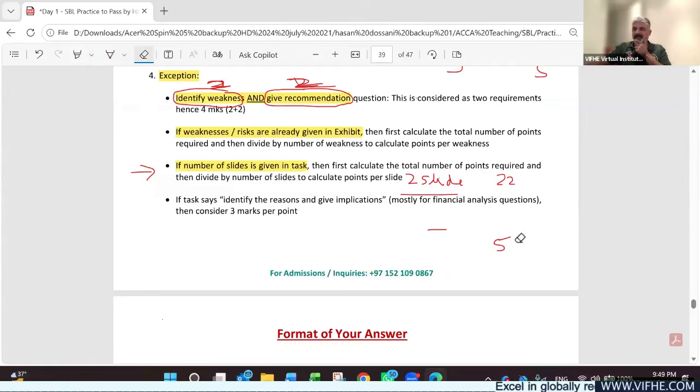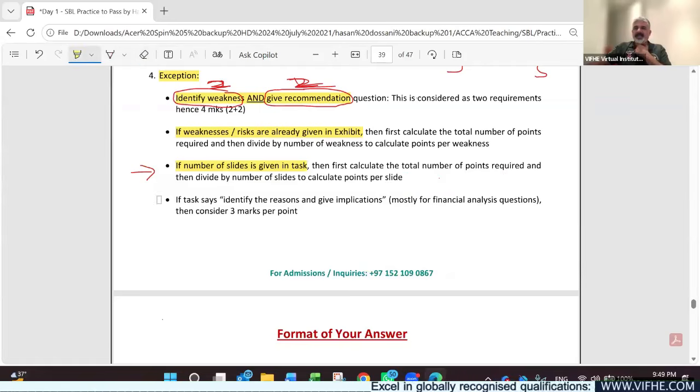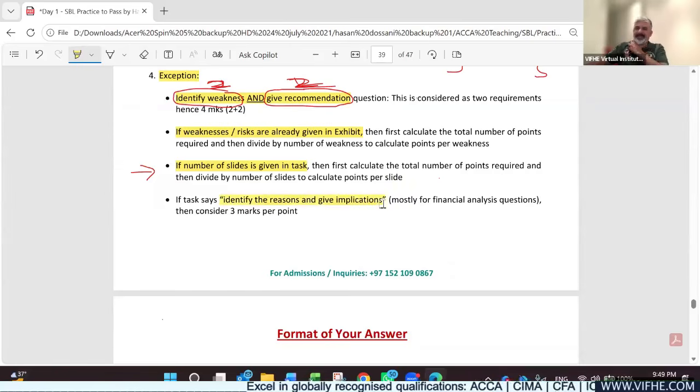Last complication is if the task says identify reasons and give implications, mostly in a financial question, then consider 3 marks per point. In a financial analysis question, the examiner normally says identify the reason and implication.